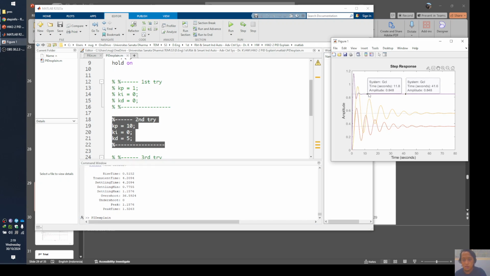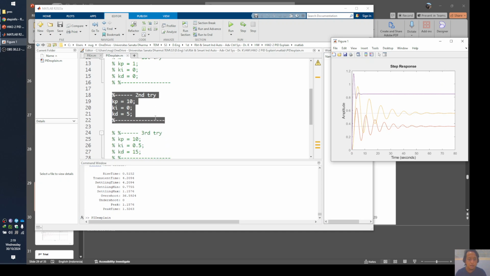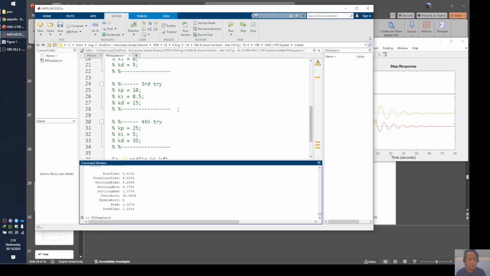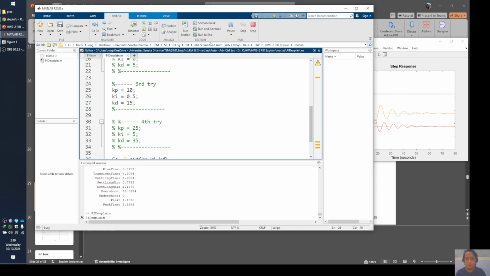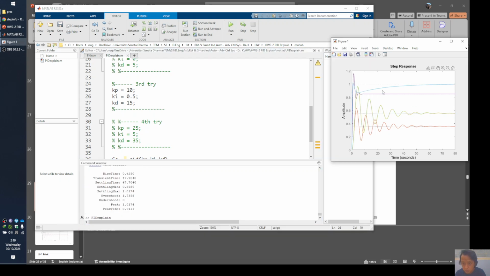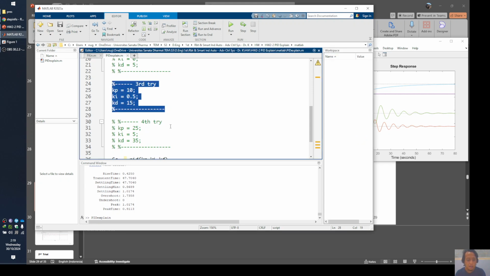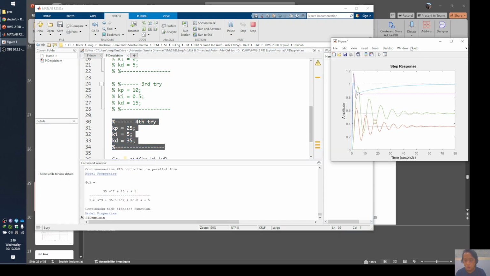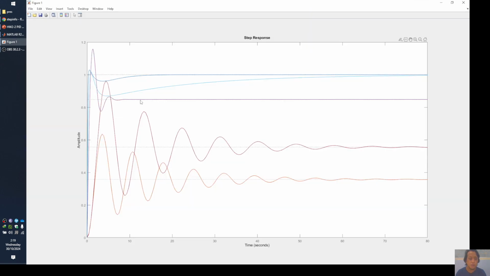This is the second trial, and this is the third trial. I will run it, and the blue one is the response of the third trial based on this setting. And the last one, this is our last output.